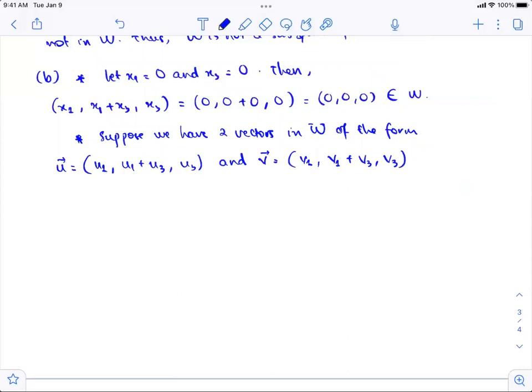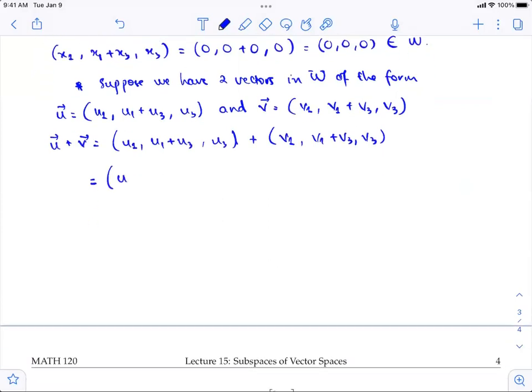Then you can perform vector addition, u + v, which is (u1, u1 + u3, u3) plus (v1, v1 + v3, v3). You just add the components together: (u1 + v1, u1 + u3 + v1 + v3, u3 + v3).